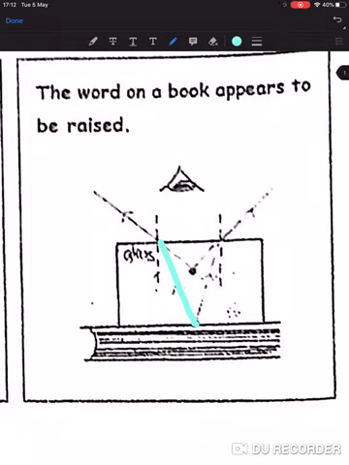Once it enters the glass-air interface, same as before, it bends away from the normal. So in here, we're comparing this angle here to this angle here. It's larger, it's bending away from normal, okay?